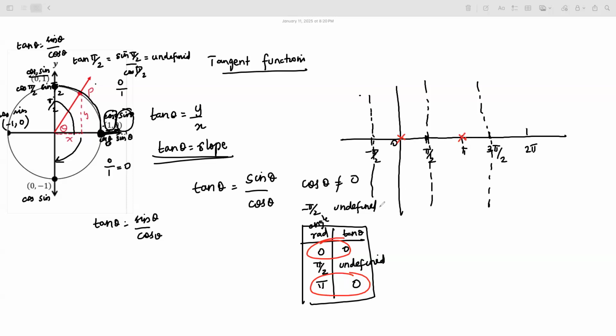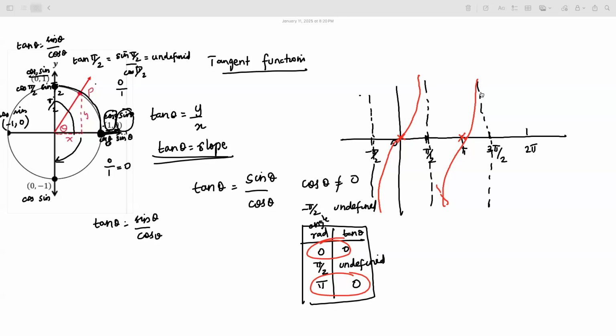So basically, it goes from here to undefined. Again, it goes from... do you get it, guys? Am I making sense on how to draw the graph? Are you getting it, guys? If you don't get it, ask, right?